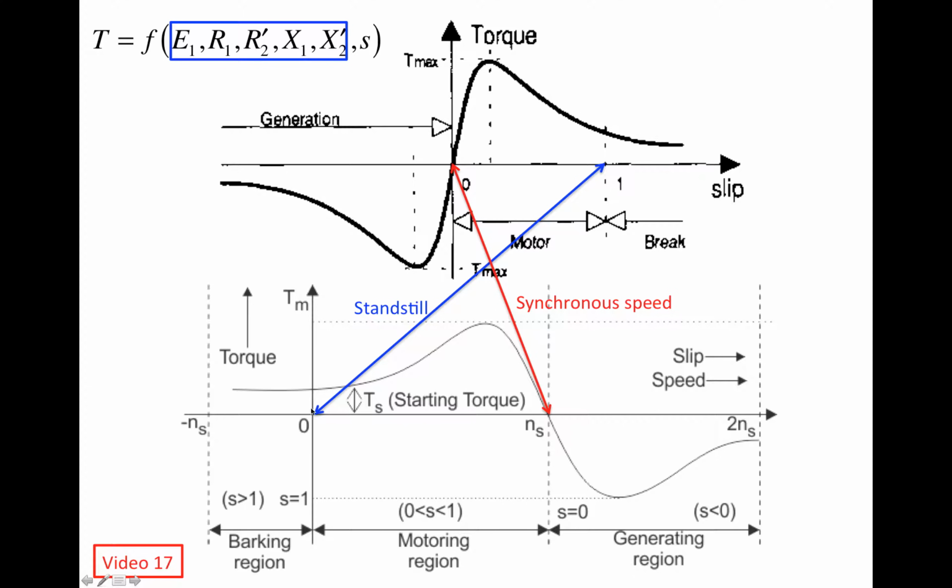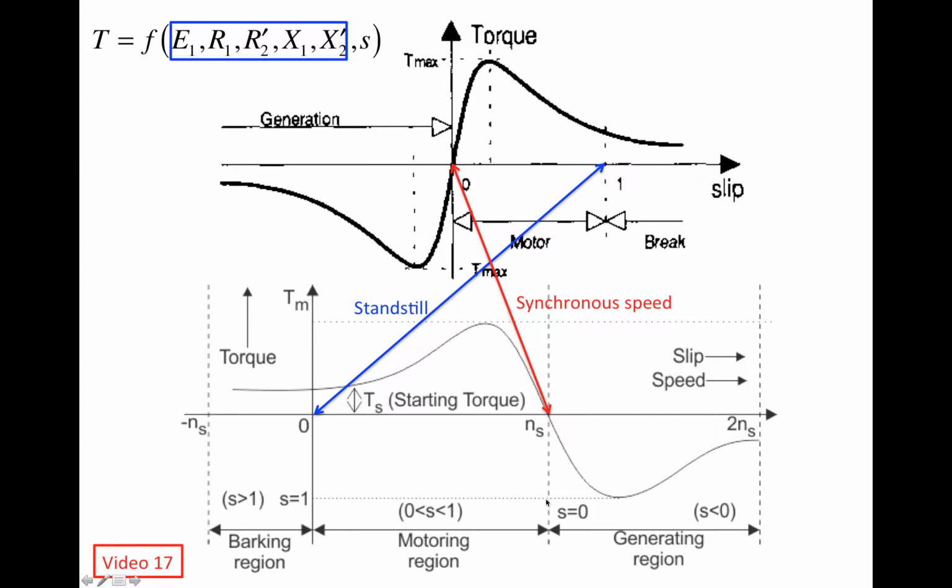You can see here, at rotor speed 0, which is the standstill condition, the rotor is not rotating at all; it's stationary. The slip is 1, the slip is unity, right? But as you increase the rotational speed of the rotor, the slip decreases, right? So S goes from 1 to 0.